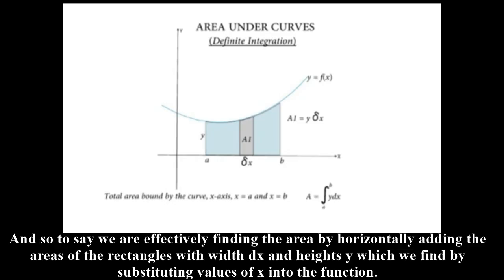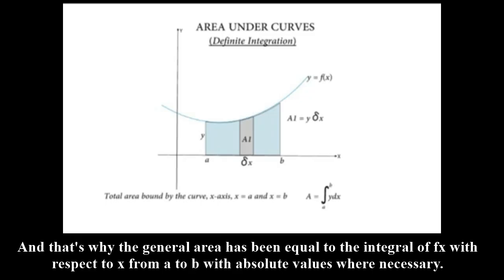And so to say, we are effectively finding the area by horizontally adding the areas of the rectangles with width dx and heights y, which we find by substituting values of x into the function. And that's why the general area has been equal to the integral of f(x) with respect to x from a to b, with absolute values where necessary.